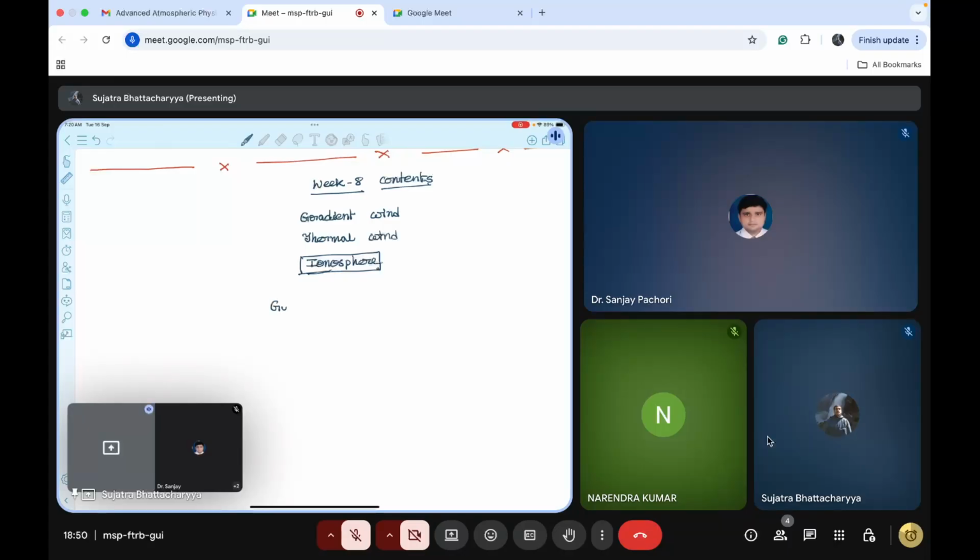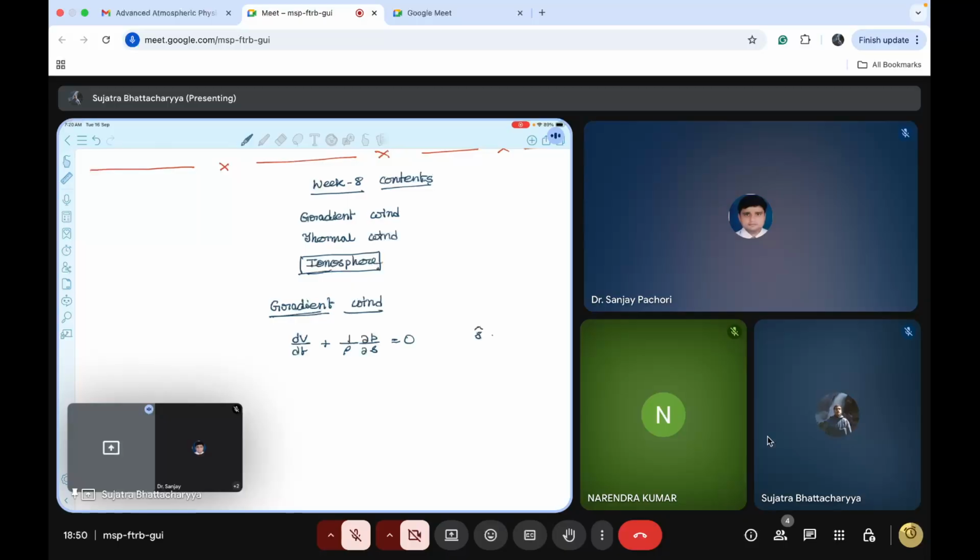So, gradient wind. In the last problem solving session, we have seen your natural coordinate, right? Where we have seen that dV/dt plus 1 by rho delta p by delta s is equal to 0.